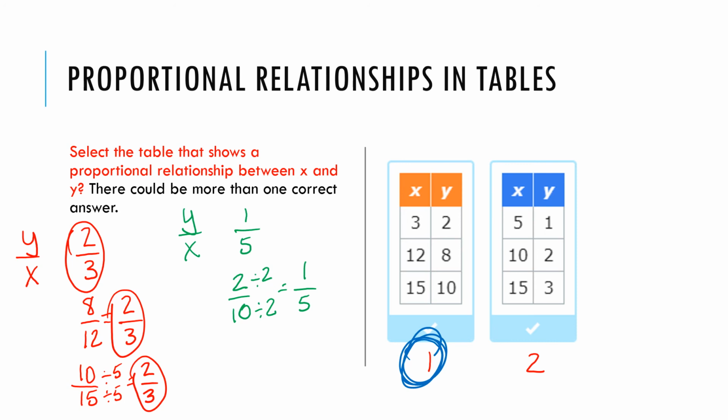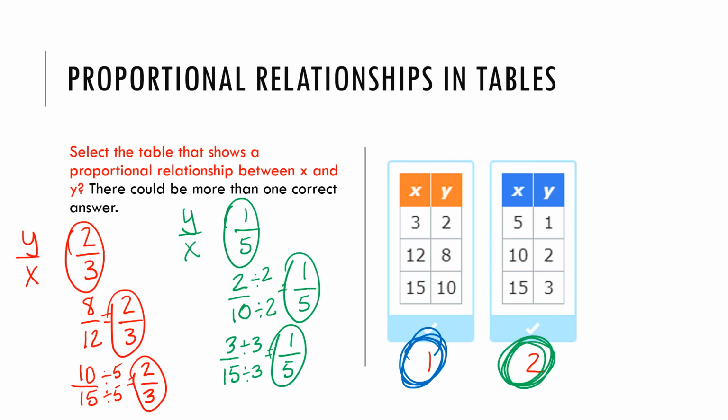And to check the last one in table 2, we have 3 over 15, and both of those are divisible by 3. 3 divided by 3 is 1, and 15 divided by 3 is 5. So every time, once we simplified y over x, we had 1/5, which means table 2 is also representing a proportional relationship.